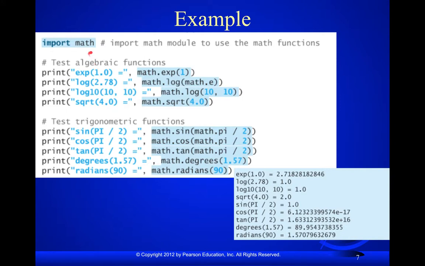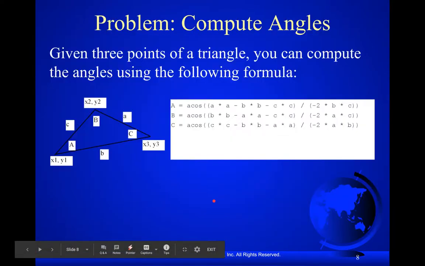What you'll notice is, just like in Turtle, you need to call that function each time. So math and then square root of 4, and you can see the output here: it will print out the square root of 4 is 2. Okay. There's a little case study that I will have you complete on this.